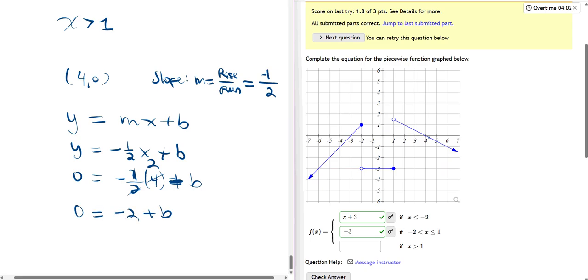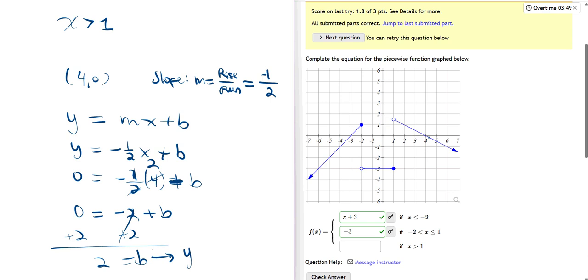Then solving for b, I'll add 2 to both sides, and I get b equals 2. So that means my line is negative 1/2 times x plus 2. Okay, or at least this part of it is that last piece.